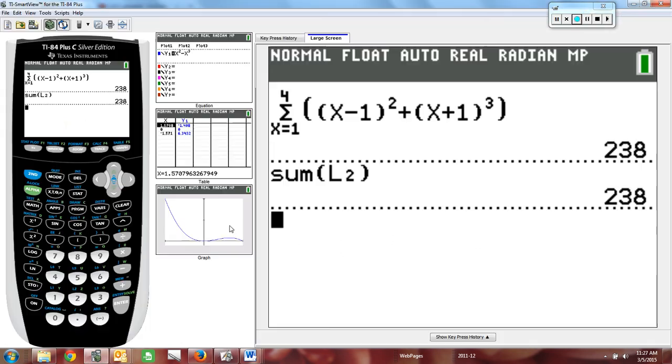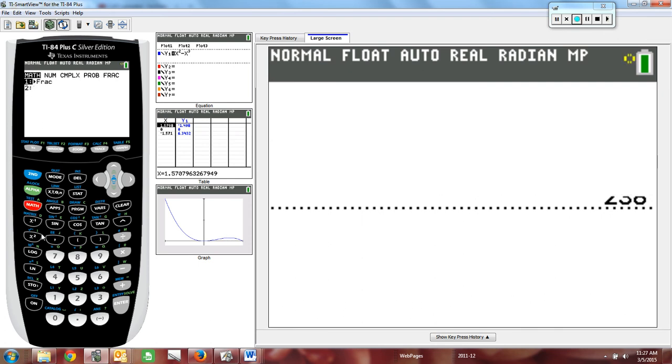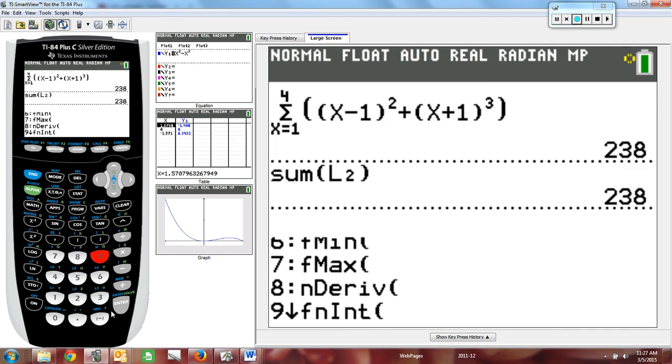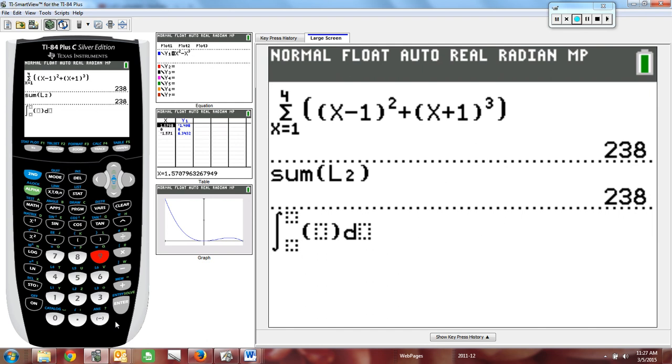You can check on the calculator that we have that as a command. Take a look under the math menu, and notice that number 9 here is fnInt. That is an integral that we've been working on, but it is not an indefinite integral. It is what we call a definite integral, that it's going to give us our bounds.